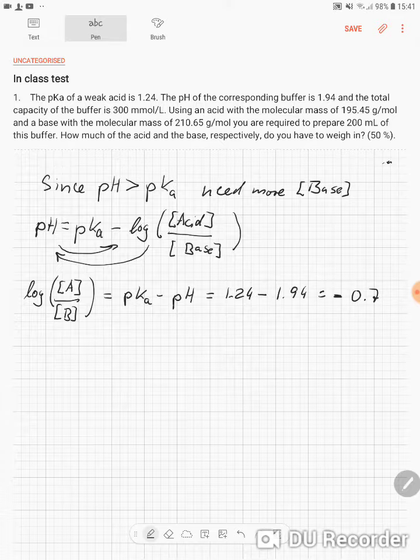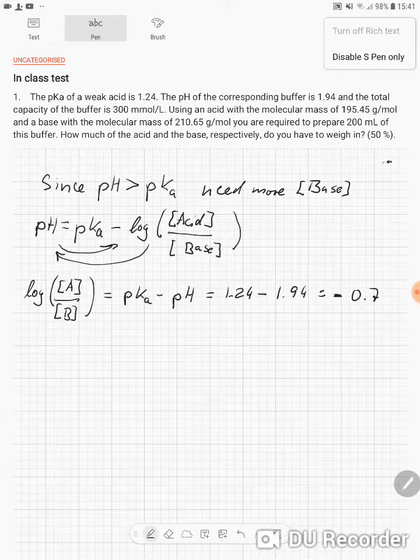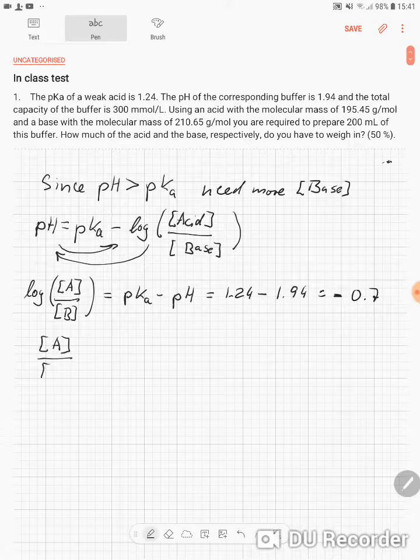So in order to calculate log acid over base, we just take both sides 10 to the power of, and we get concentration of acid over concentration of base equals 10 to the power of negative 0.7, and that gives us 0.2. So that's the ratio.